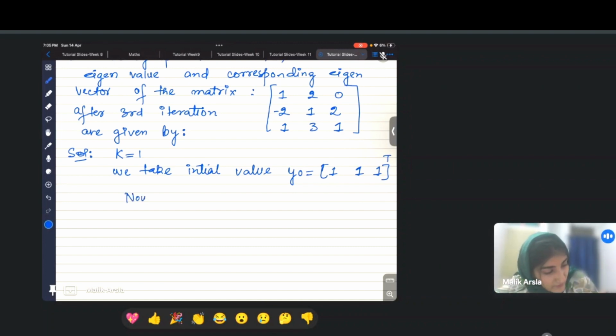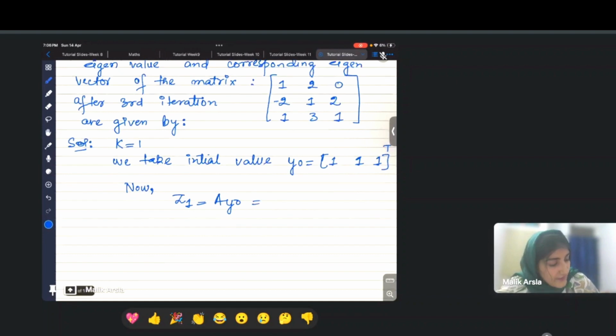Now we know that z1 is equal to A y0. If you find this, it comes out to be [3, 1, 5]. You just multiply the A matrix with y0 and you get this column vector.